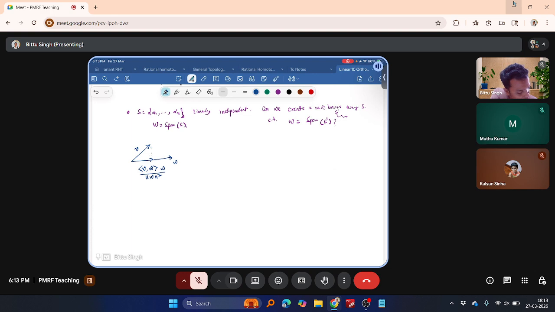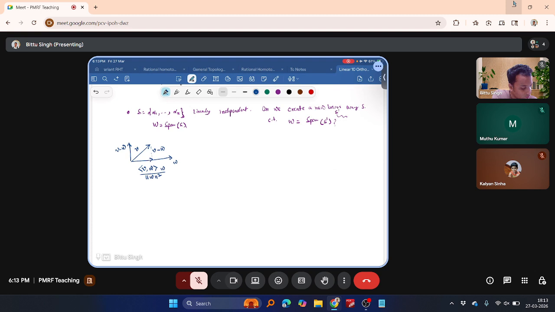You just subtract this from v. So this is our v minus the projection. This direction is not v minus w, because a vector should always start from the origin. So I should write it here: this is the vector v minus the projection.